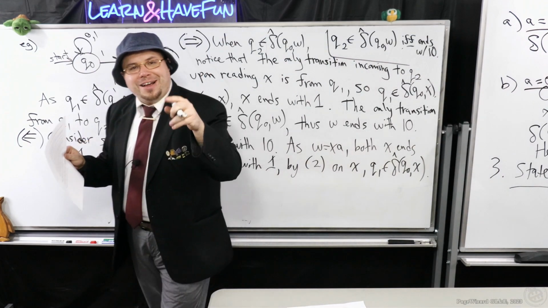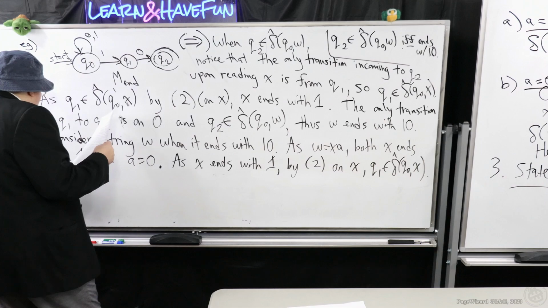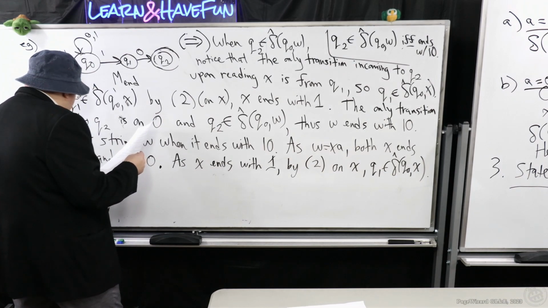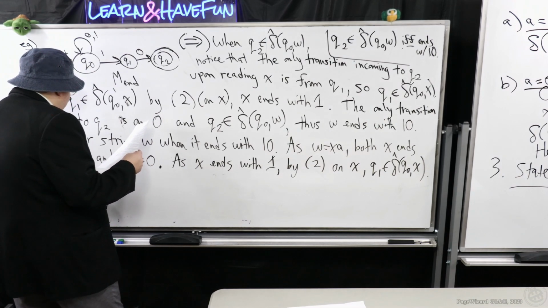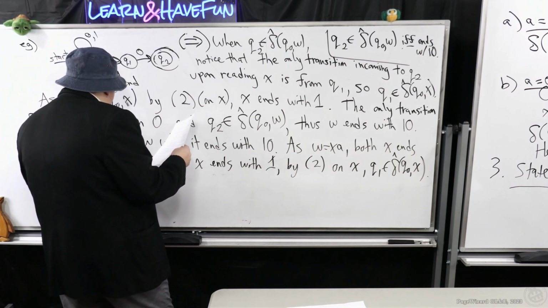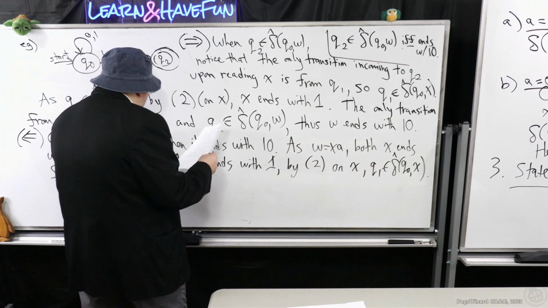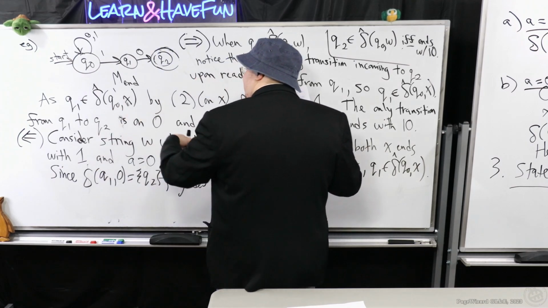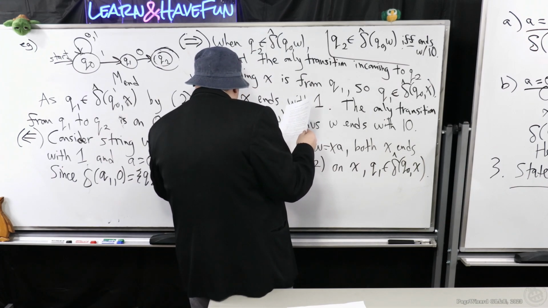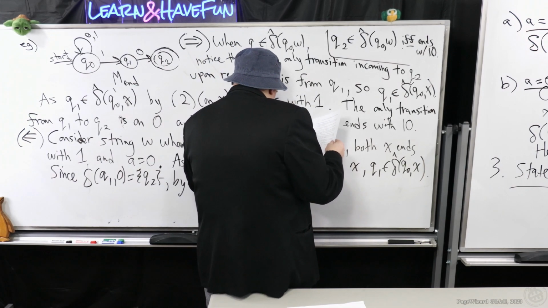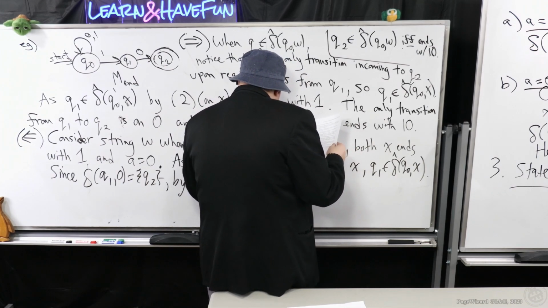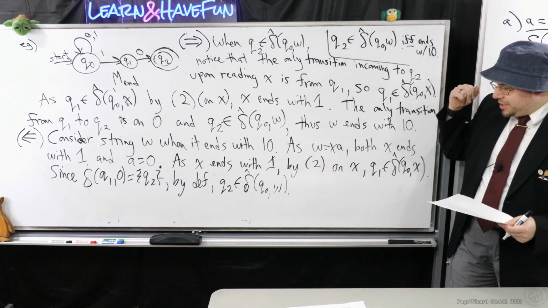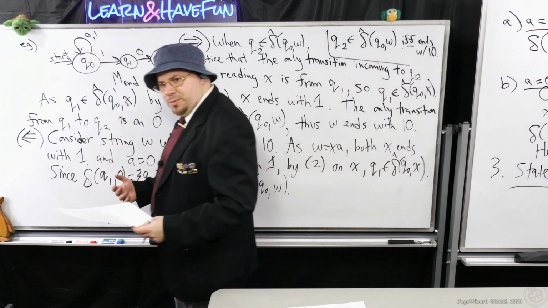Now, we just point our finger at the transition function, then we're done. Since delta Q1 on 0 is going to be the set with Q2 in it, by definition, by pointing at the definition of the extended transition function, we can say that Q2 is in delta hat Q0 upon reading W. So that proves both directions of the third invariant, establishing the third invariant holding for all strings of length n plus 1.